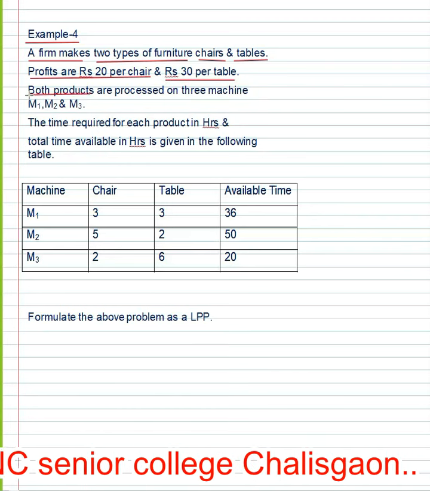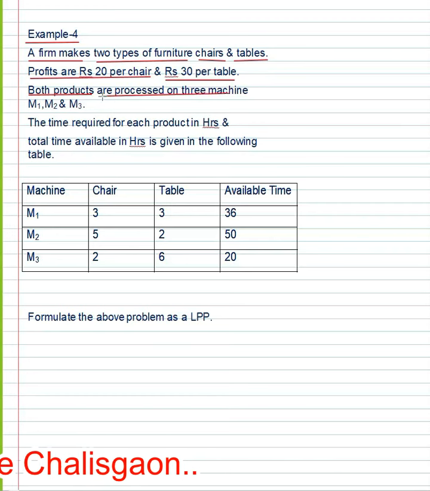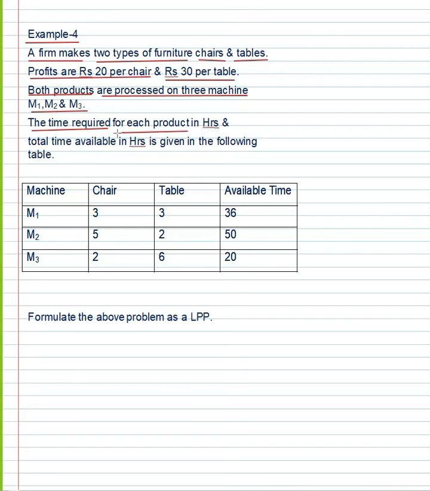Both products are processed on three machines, M1, M2 and M3. The time required for each product in hours and total time available in hours is given in the following table.